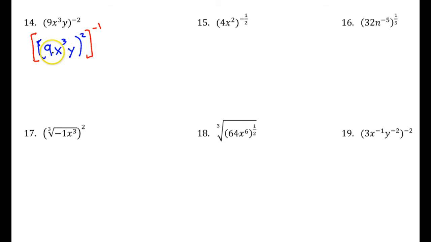So what is 9x to the 3rd y times 9x to the 3rd y? So you'll get 81, 9 times 9, x to the 3rd, or 3 times 2, x to the 6th, and then y to the 1 times 2. And then raise that to the negative 1, which just means make it a fraction. So that's 1 over the same thing.